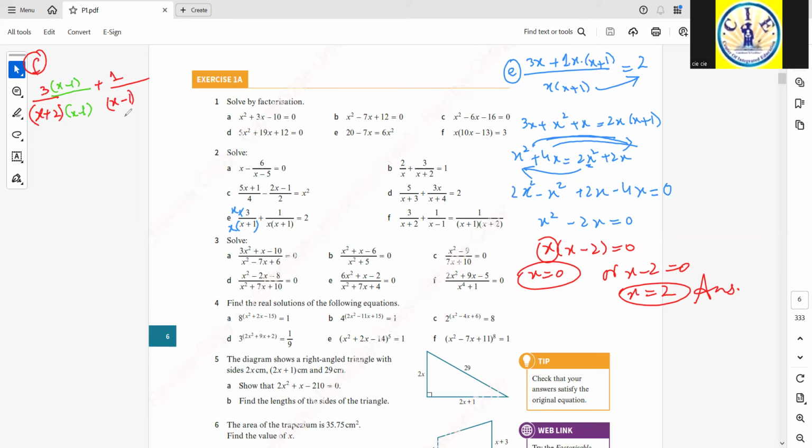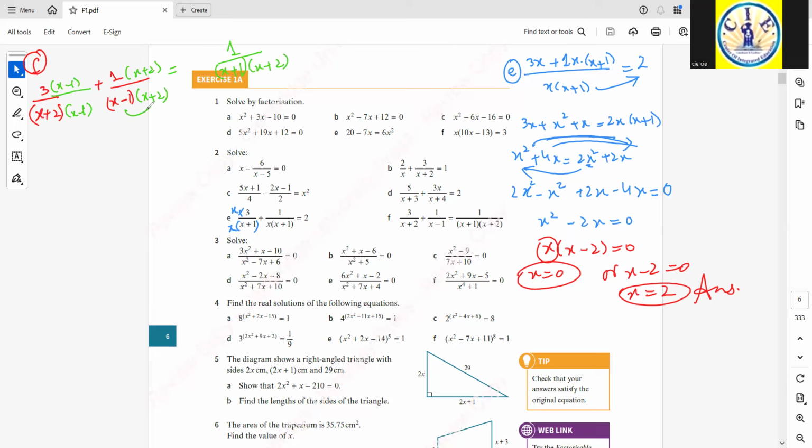So I can multiply this with x plus 2 to have the common denominators. And on the right side, whatever it is, I'll leave it intact. x plus 1 times x plus 2.